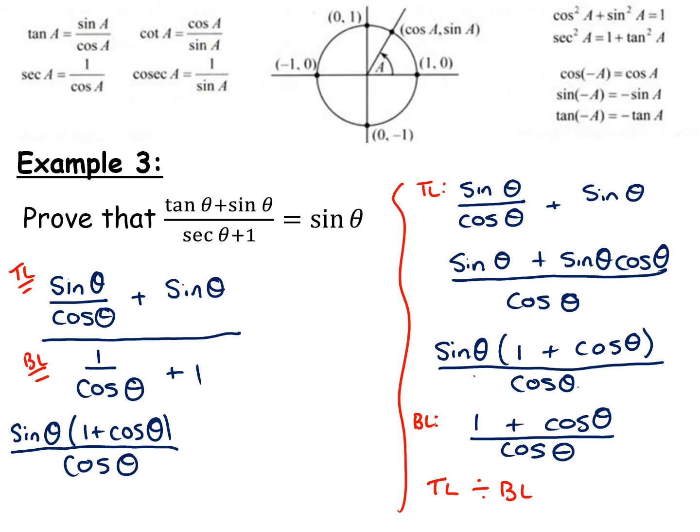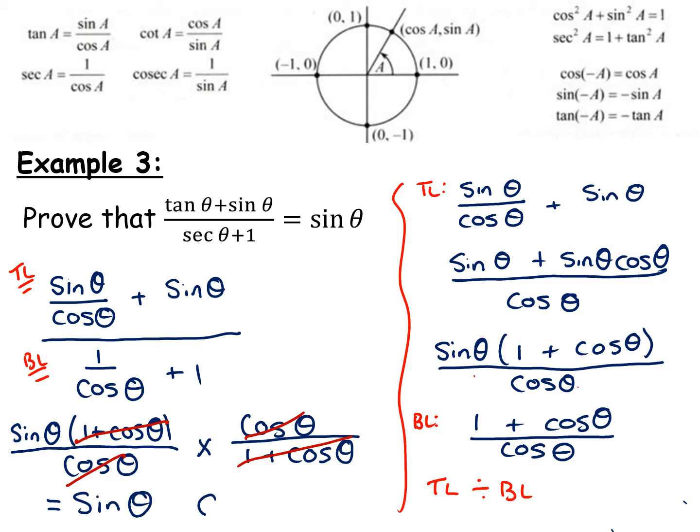We should divide it by the bottom line, but instead we multiply by the reciprocal of the bottom line, which means we flip the fraction. 1 plus cos of theta, and our cos thetas cancel here and here. 1 plus cos theta cancels here and here, and that equals sine of theta, QED.